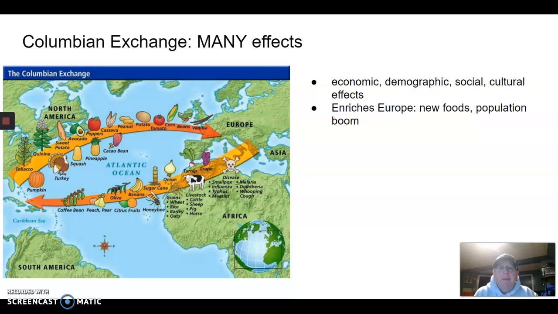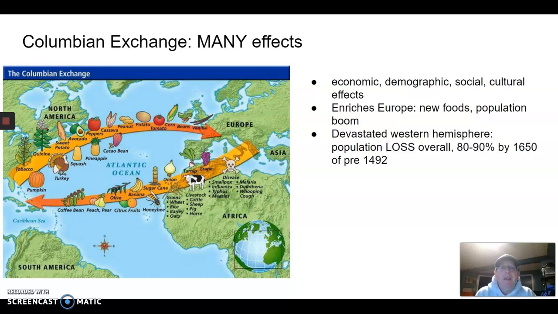And then at the same time, disaster for the Western Hemisphere. The demographics here are strikingly tragic. I mean, we're in the middle of a coronavirus here. Wow, the Columbian Exchange reducing the native population by 80 to 90%. That's huge. And a lot of it coming from smallpox and other diseases brought over from Europe. Not intentionally. Europeans don't know they're bringing it. They don't know how to guard against it.